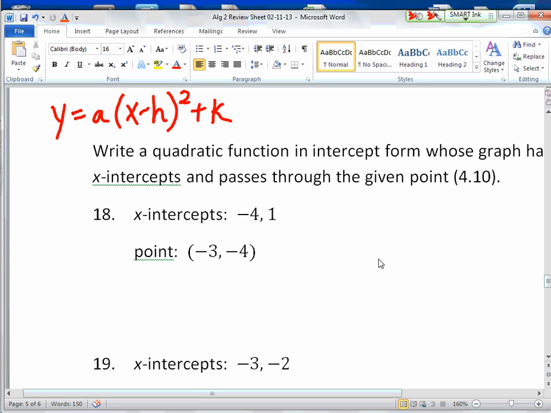And in contrast, intercept form is going to look different. It's y equals a times x minus p times x minus q.